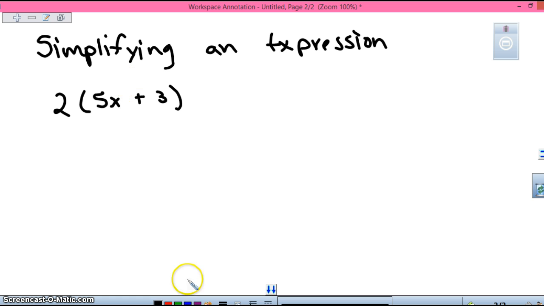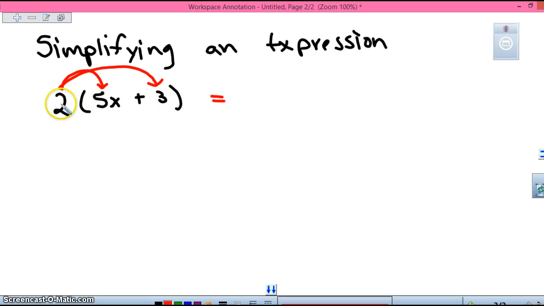We have to simplify an expression. We can use the distributive property here. Now 5x plus 3, can we add these? No, we cannot add 5x plus 3 because they are not like terms. That means we have to use the distributive property.